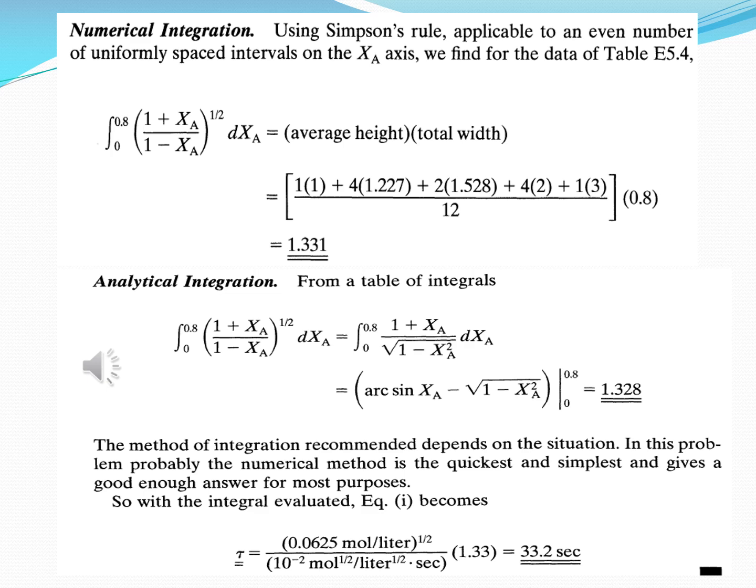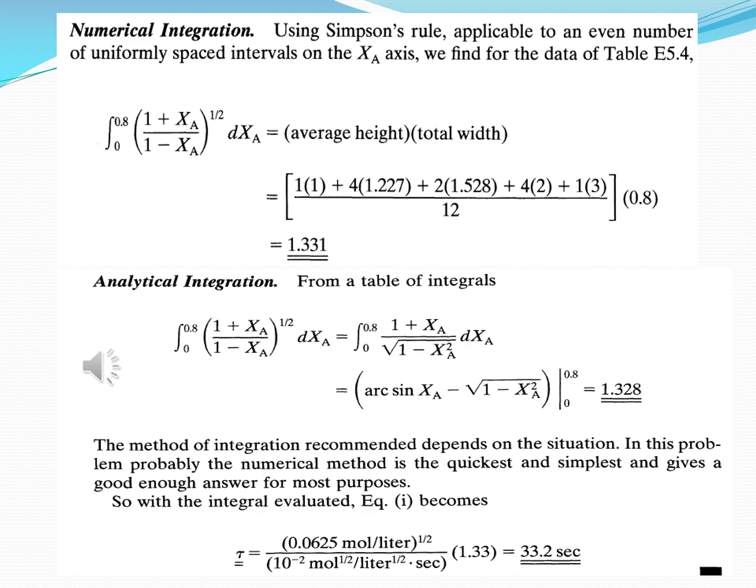So from the graphical method we get the answer of 1.36, and from the numerical method I showed you four different formulas. We can use Simpson's 5-point formula, where Simpson's rule applies to an even number of uniformly spaced intervals on the x-axis. From this formula, we just need to put the values of the functions in the expression and multiply it with the limit 0 to 0.8, and you get the final answer.